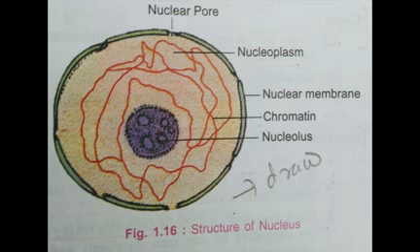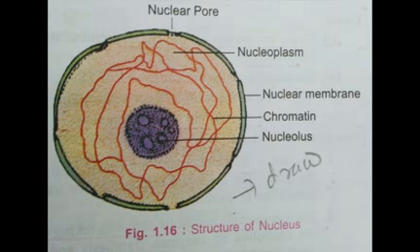That means cytoplasm along with nucleus is known as protoplasm. Now in the nucleus, there are various components: nuclear membrane, nuclear septum, nucleolus and chromatin.